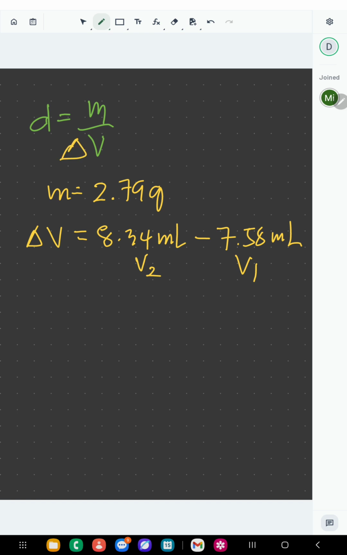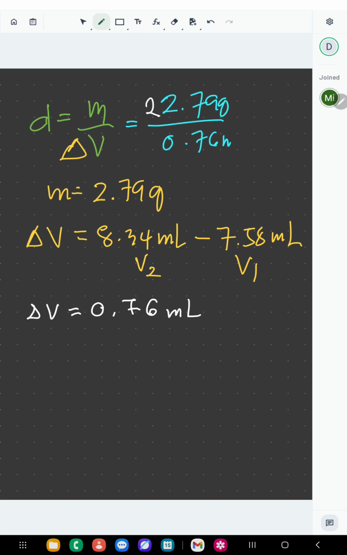And you apply the significant figures, the digits. All right. Then you solve for the density. That is mass over volume, 2.79 grams over 0.76 ml. Okay. What's the rule in division again? Yeah, for your final answer when you round it off.